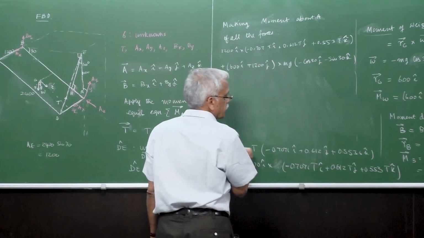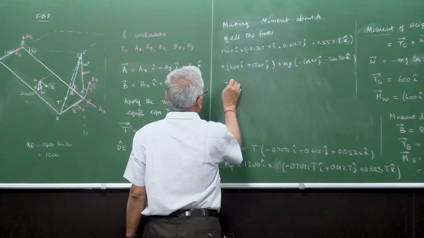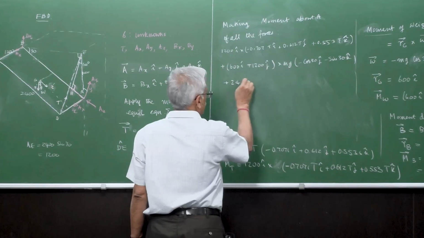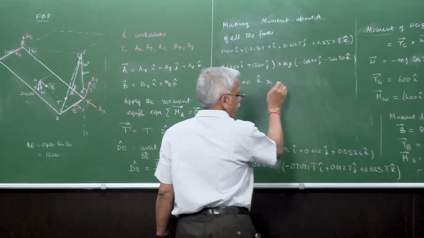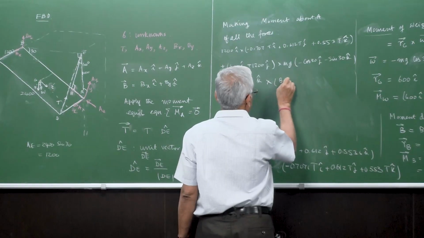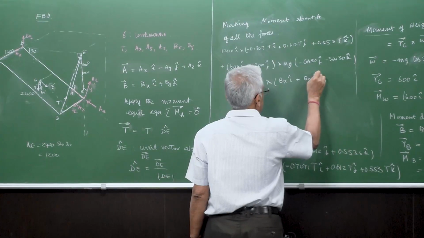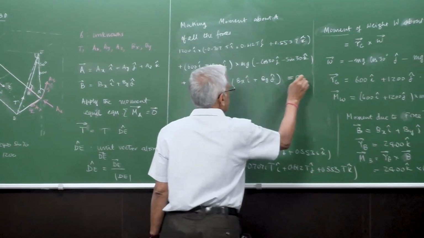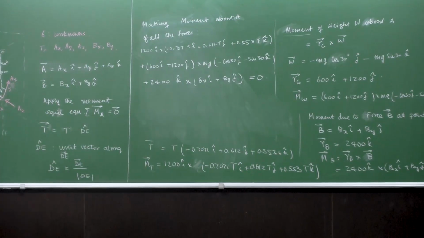And of B, we have the last one, 2400 k cross Bx i and By j. So the whole thing will be 0. The sum of all these things put together will be 0.